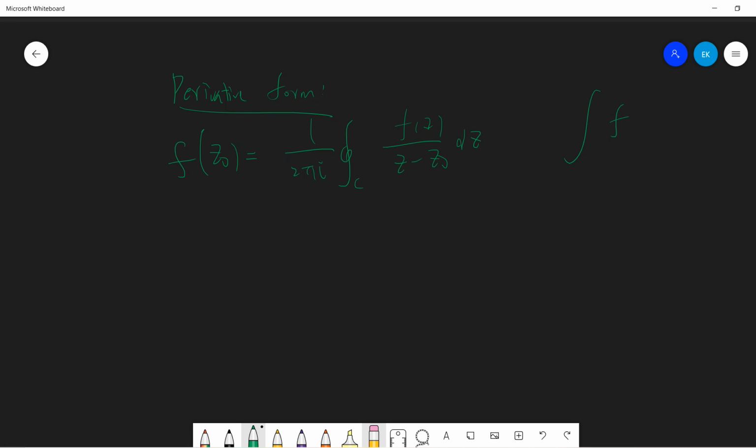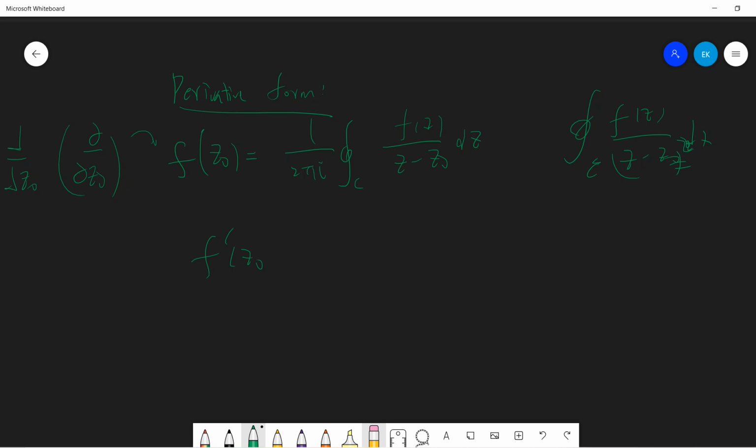But how about this? If you just do this square, the proof is very easy. I just take partial z0, act on both sides, or d divided by dz0 on both sides.